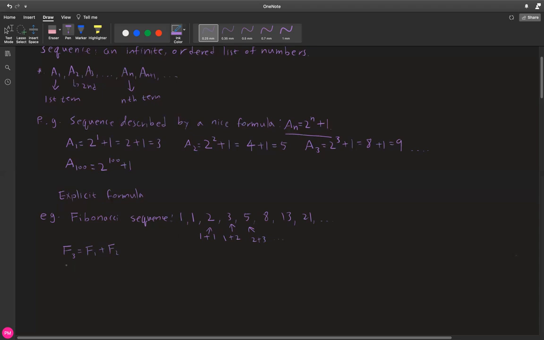And before that, we know that f1 is 1 and f2 is 1 as well. And we also know that f4 is now determined as f2 plus f3, and so on.